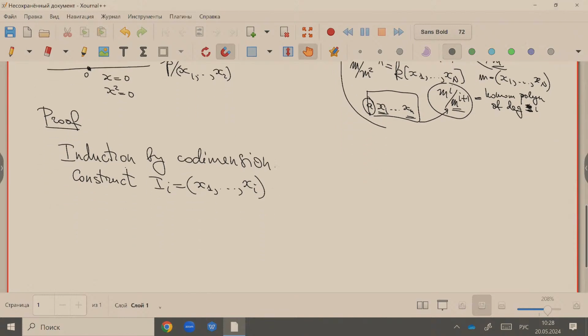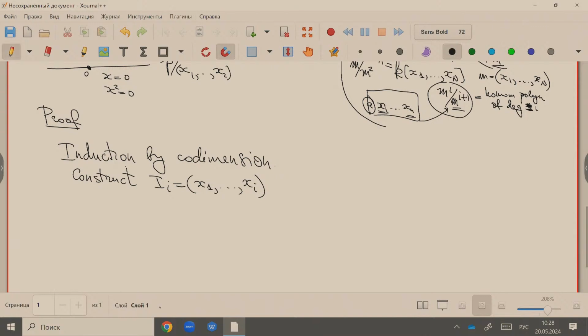We shall also admit the following. It will be not only a sequence of parameters. We have proved in the previous class that if you have this sequence, then all prime ideals have codimension less or equal than i. And we shall construct the sequence of parameters with a more strict assumption.